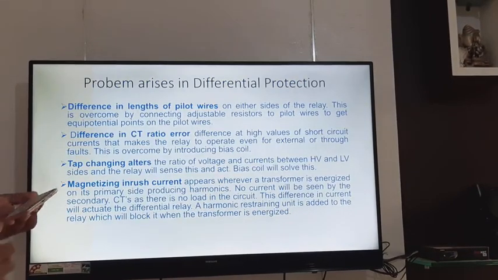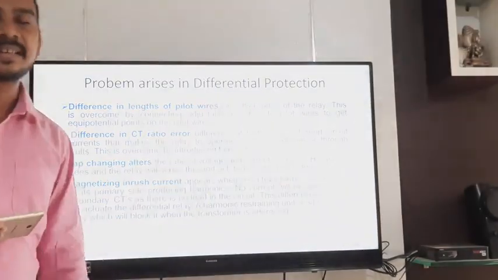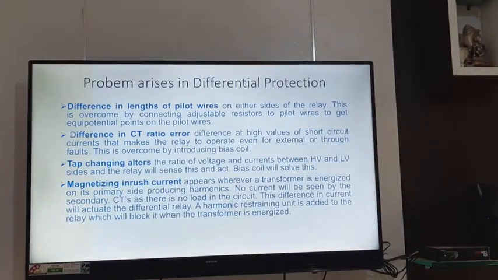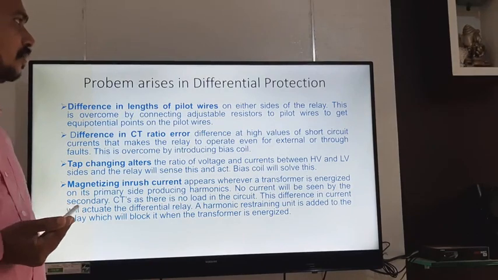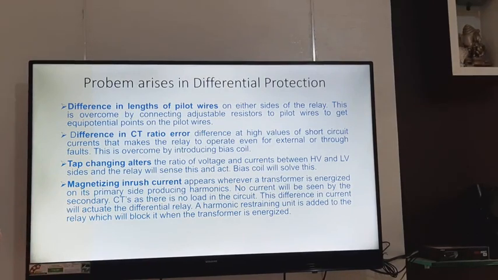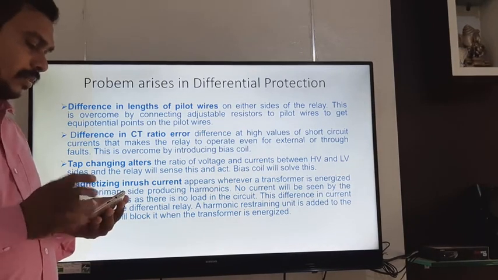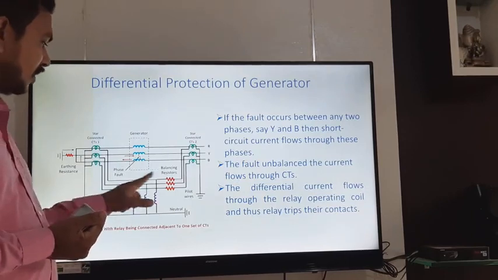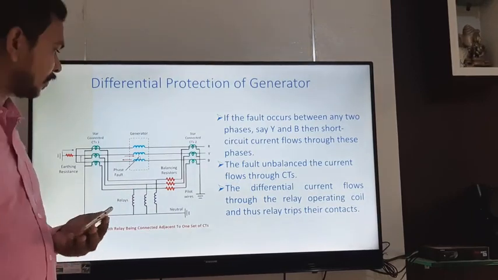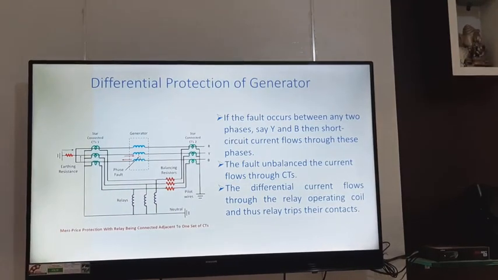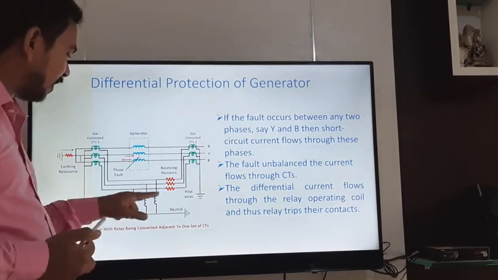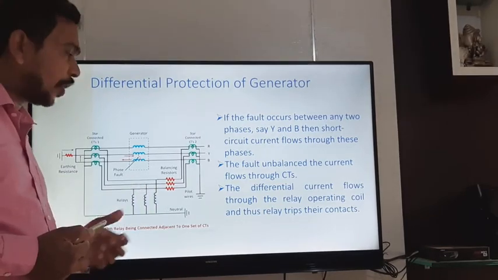Okay, now when we are using differential protection, some problems or difficulties arise. The various problems that arise in differential protection: first, the difference in length of pilot wire. Here we have to connect the operating coil of this relay at the midpoint of the pilot wire.